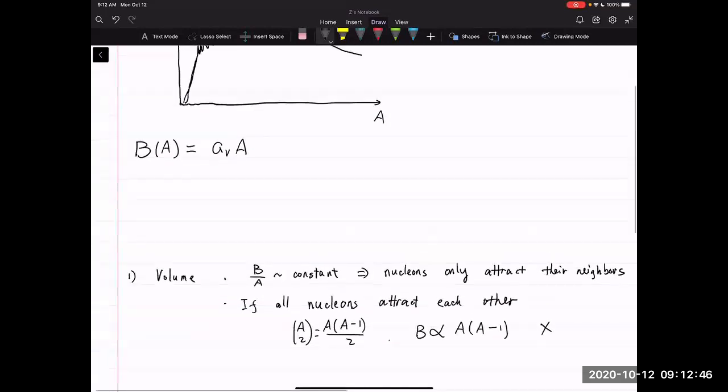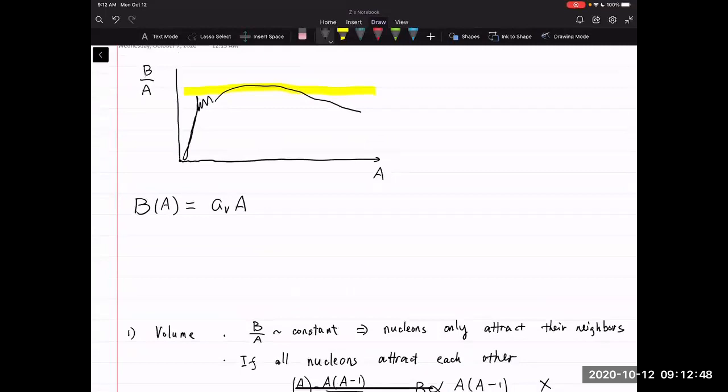And this term is really indeed the dominating contribution to the B over A curve. B is proportional to A. That's why for most of the elements, we have a roughly constant B over A. All the other five terms can be considered as corrections based on this very crude approximation, which says the binding energy is proportional to volume.